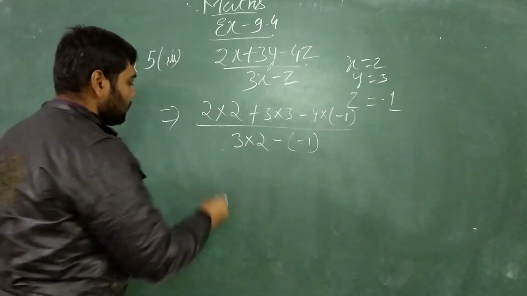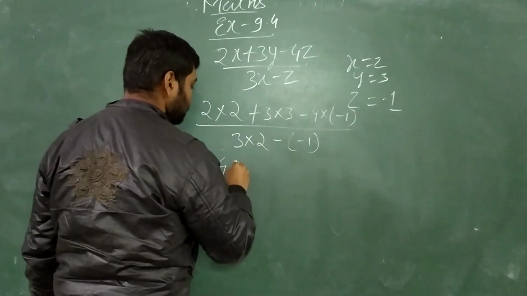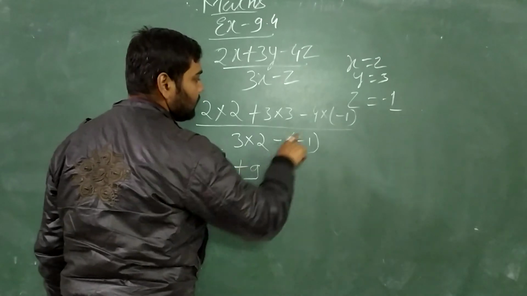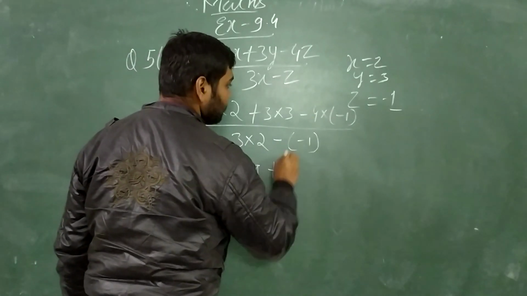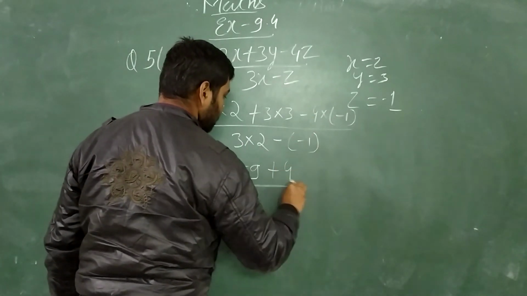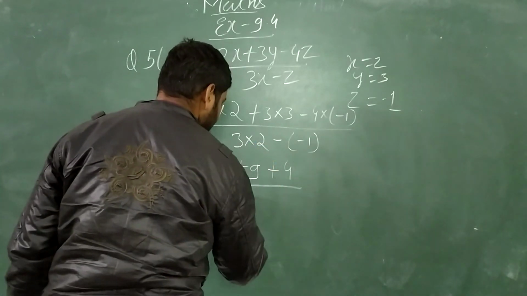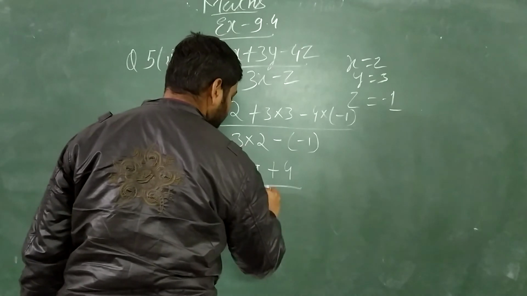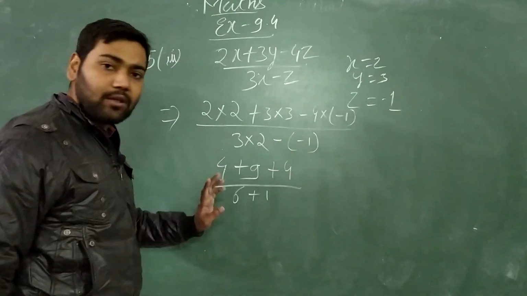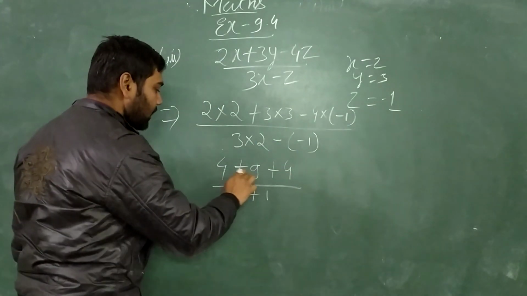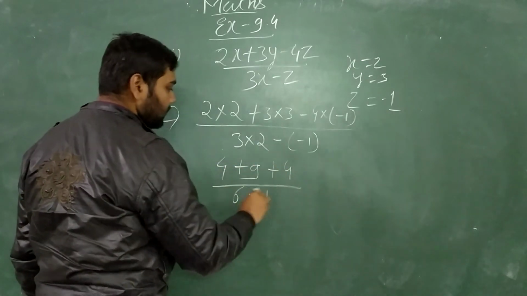So 2 2s are 4, 4 plus 3 3s are 9, 9 minus minus will give plus, 4 1s are 4, upon 3 2s are 6, and then 6 minus minus will give plus. Okay. Minus and minus will give plus. Then 9, 4 plus 4, 8.